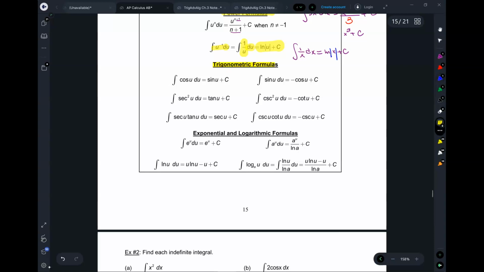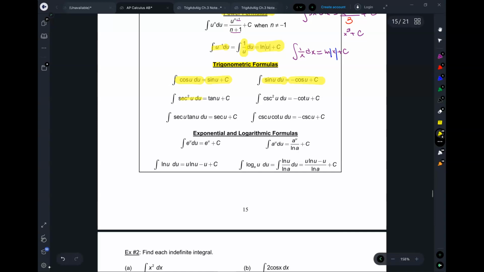Okay, all right, everyone. What is the derivative of sine? Cosine. So in the same way, the antiderivative of cosine is sine of u plus c. Okay? The antiderivative of sine is negative cosine plus c.